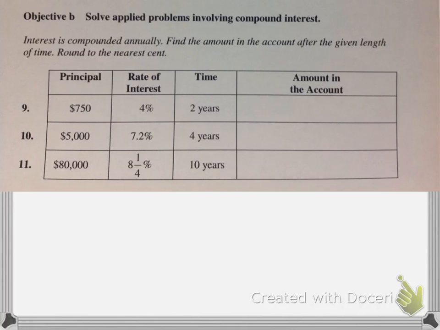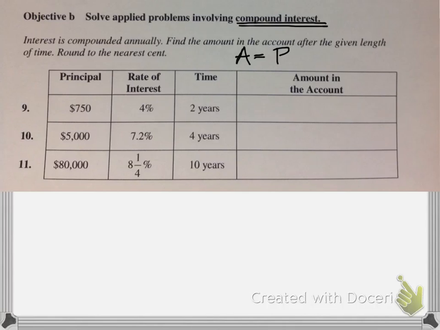Now these problems want us to calculate compound interest, so we have to use a different formula. And that's A, which is the total amount, equals the principal times, actually, let's back that up, start over.